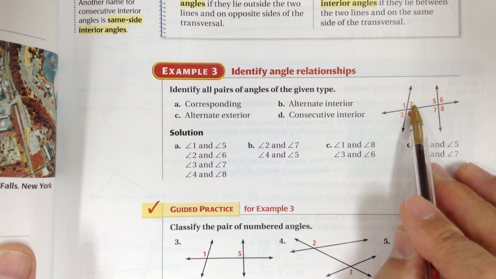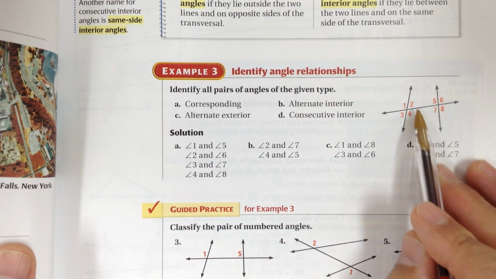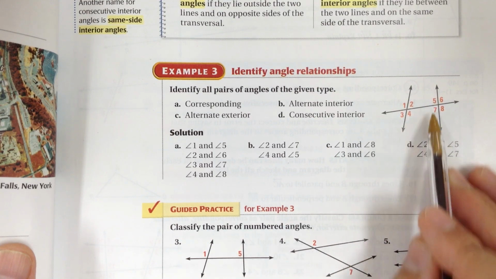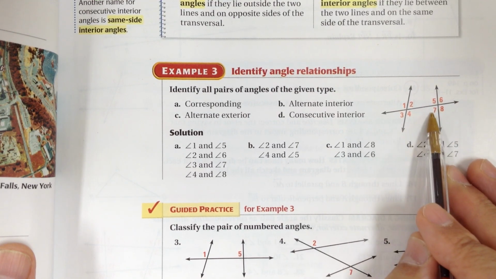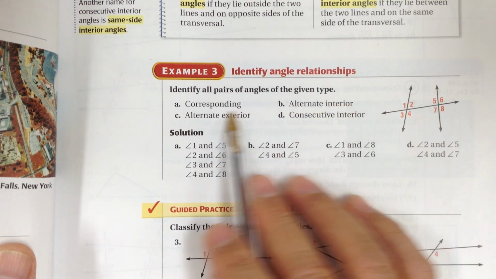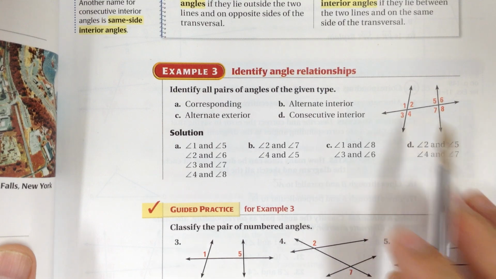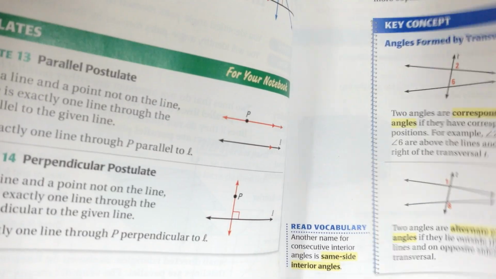So one of the pairs would be 2 and 5. Those are same side or consecutive interior angles. 4 and 7 is another pair. So make sure you understand the meaning of all the words and that you're able to identify different pairs of angles. After that, just go and do some exercises.